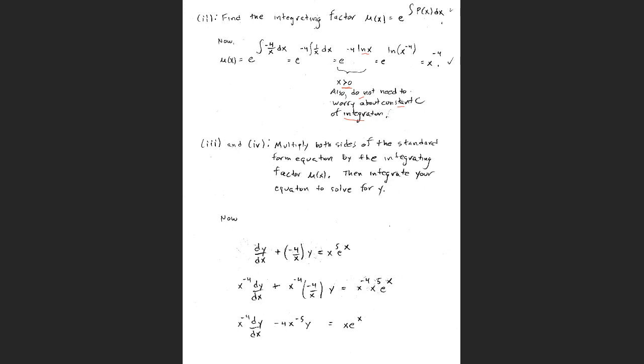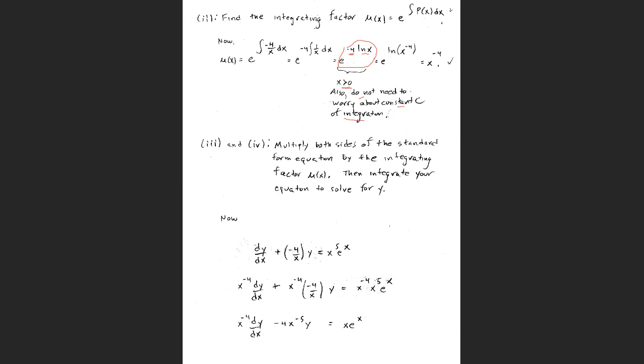Okay, so we're here now. And I have to rewrite this. I don't want to use e to the -4 times the log of x, because I can simplify that. The coefficient of the log of x is -4.